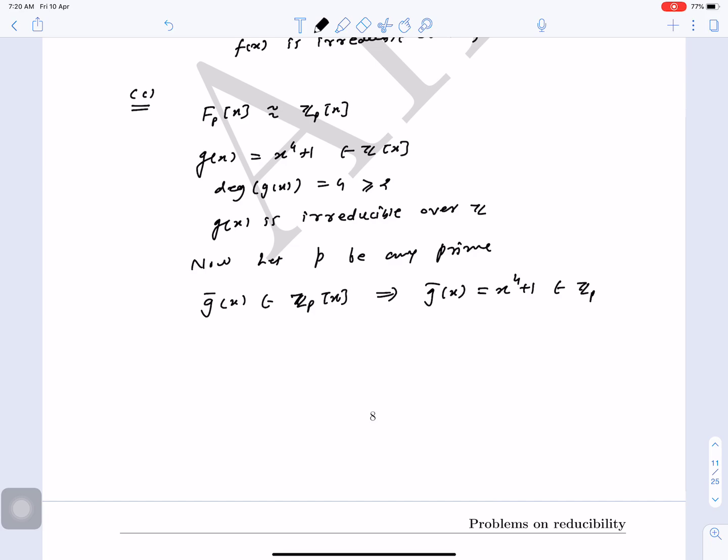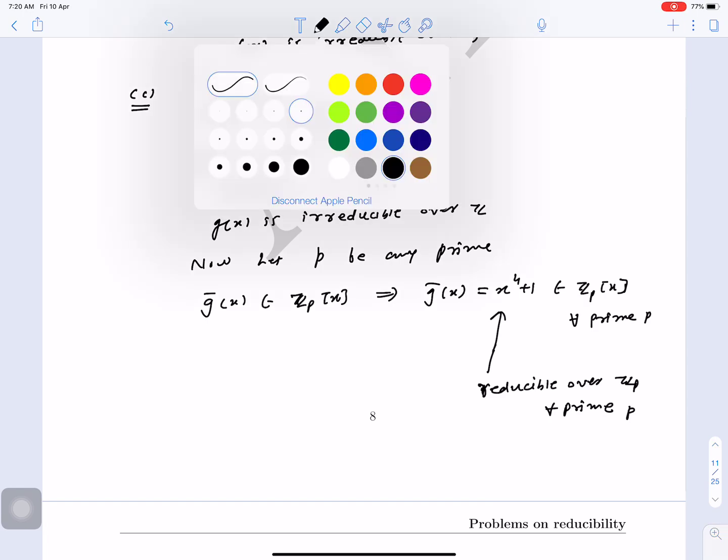It belongs to Zp[x] for every prime p. So we know that this is reducible over Zp for all primes p. This is a well known result. I am writing here due to this is what?